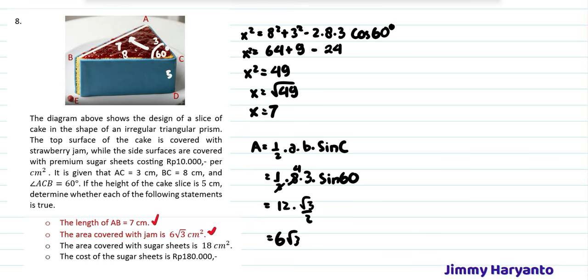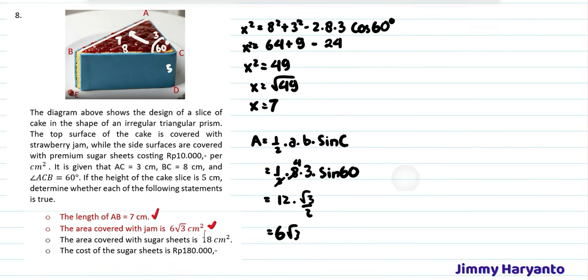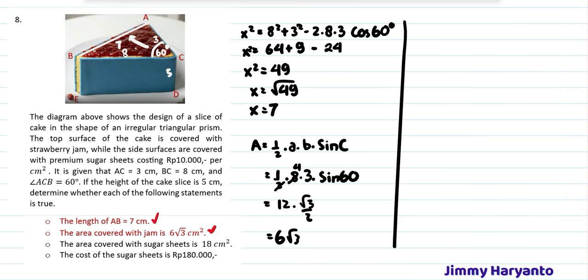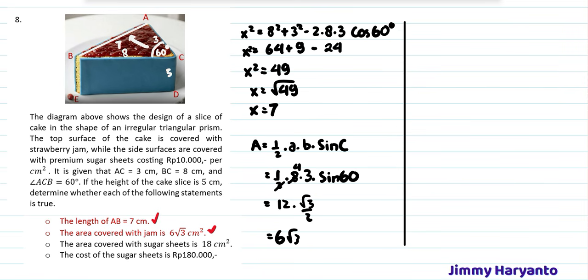Next is the area covered with the sugar seeds is 18 centimeter square. Okay, so for that one, let's find this area first. This area will be 8 times 5. And then after that, let's find this area. This area is 3 times 5 plus 3 times 5.